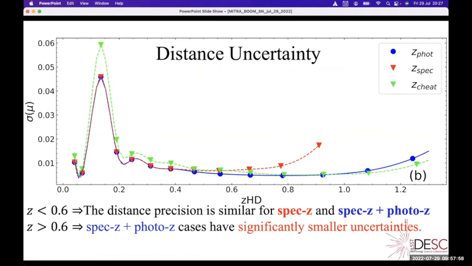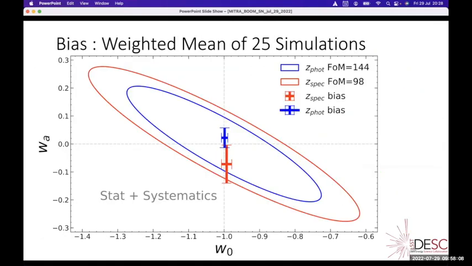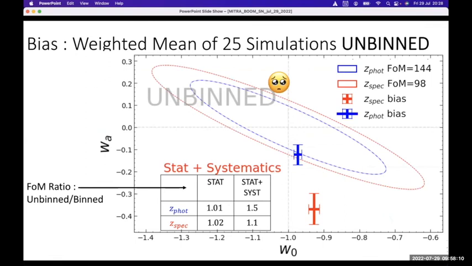Okay, one more question. This is Dylan again. Going back to the unbinned bias plot, in your 25 simulations, is the calibration of each filter varied in the actual data?